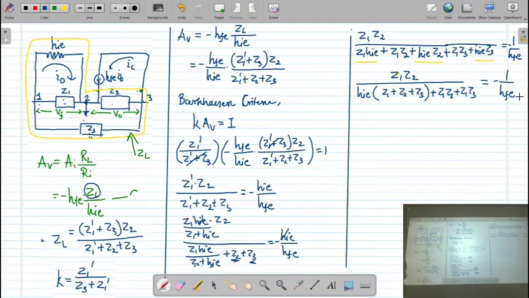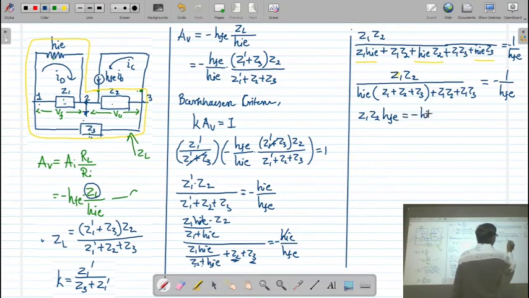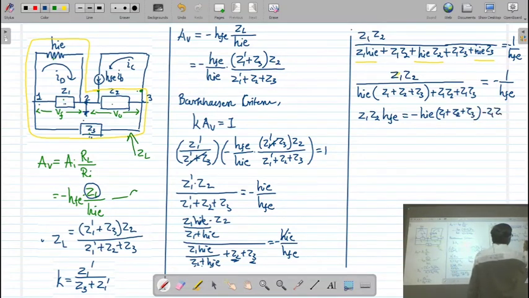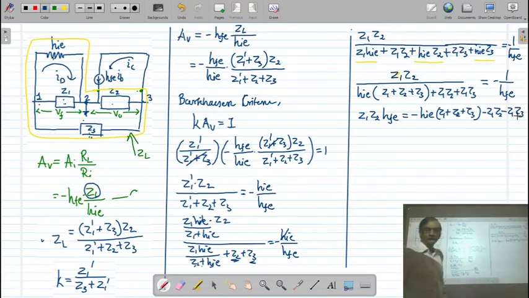And now we take a cross multiplication, means the Z1 Z2 multiplied with hfe, and minus 1 will be multiplied with this term. So here the Z1 Z2 hfe will be equal to minus hie into Z1 plus Z2 plus Z3 minus Z1 Z2 minus Z1 Z3.